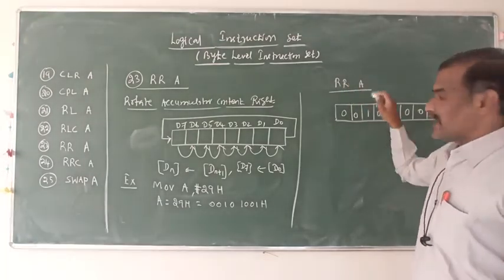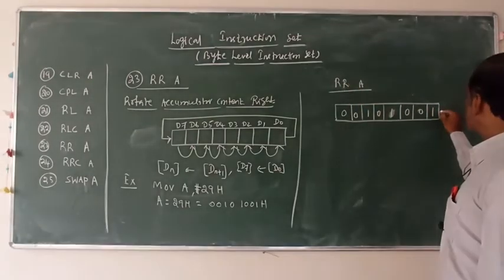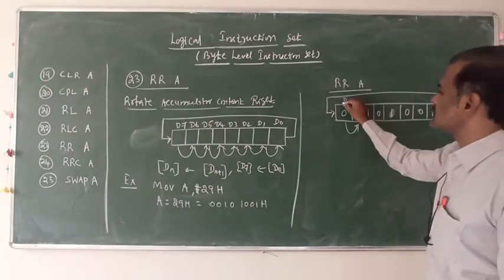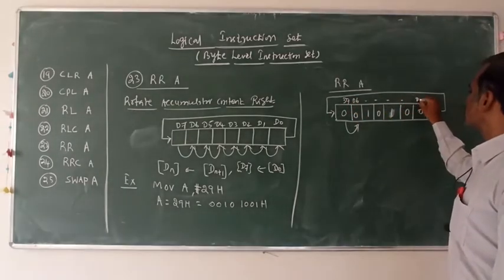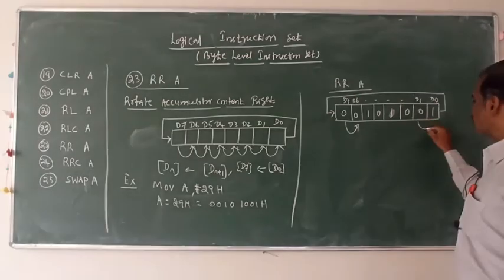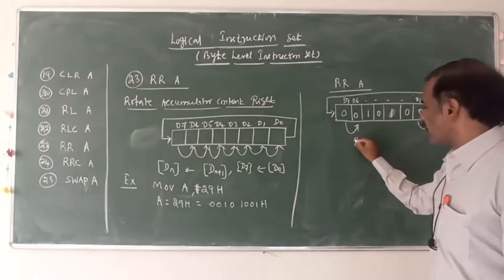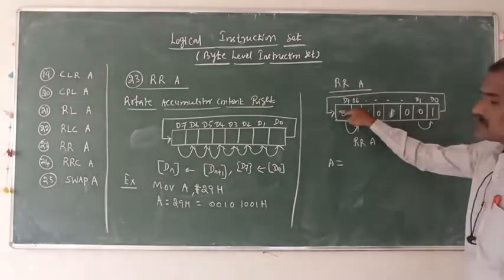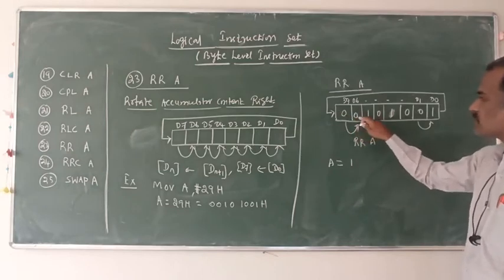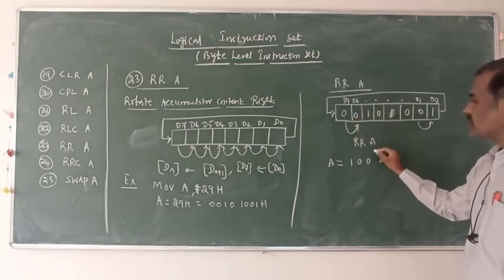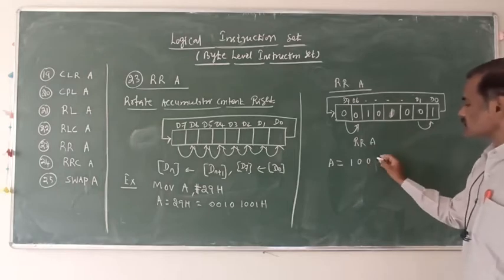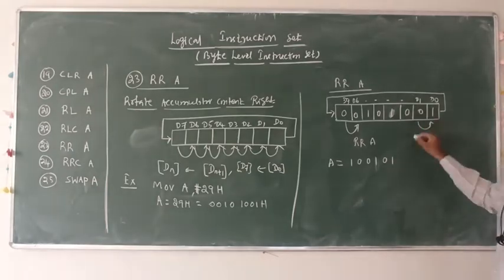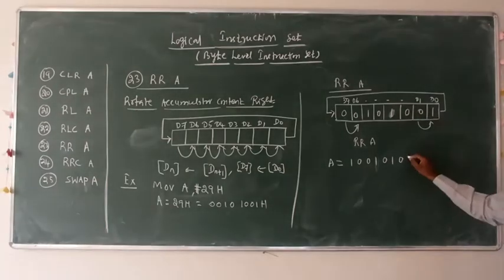After RR A, okay, the D0 bit data moves to D7 and then D7 data moves to D6. This is for D7, D6 like that, D1, D0 and then D1 data moves to D0. After RR A, now register A: D0 moves to D7, D7 is 1, D7 to D6, D6 to D5, D5 to D4 and D4 to D3, D3 to D2 and then D2 to D1 and D1 to D0.